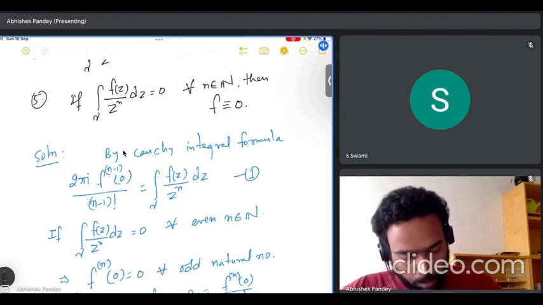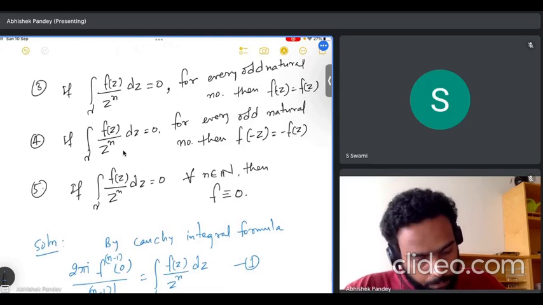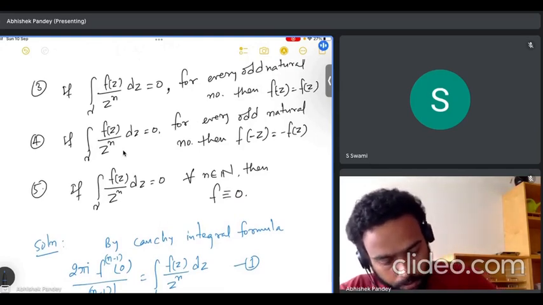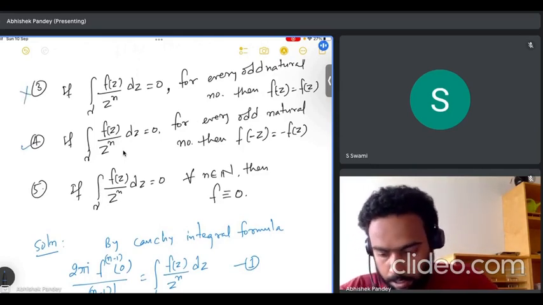So for every odd natural number, this should happen. So the fourth one is true, the third one is incorrect, isn't it?